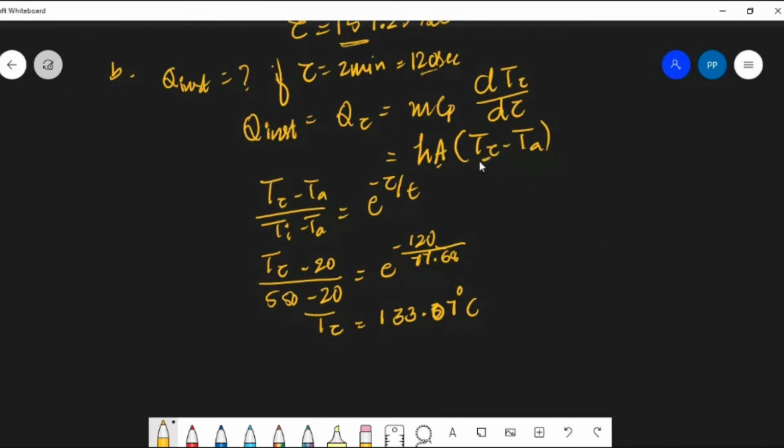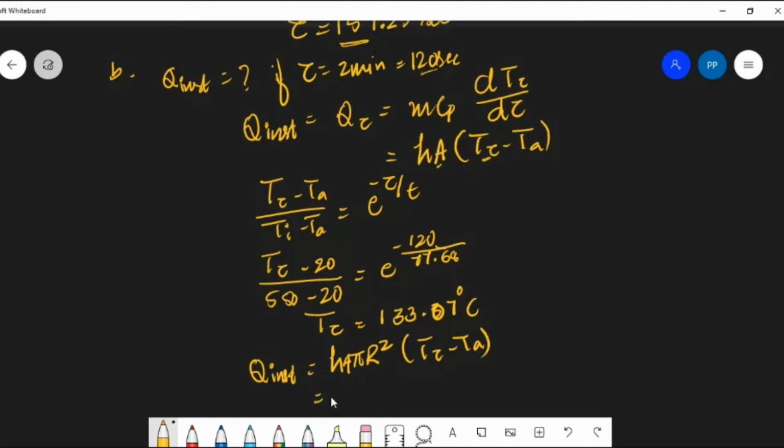Now we have T tau. Now we need to calculate area. Or I'll write directly here itself instead of calculating. We will write the equation here itself. What is the surface area of a sphere? 4 pi r square. Yeah, it is 4 pi r square into T tau minus Ta.